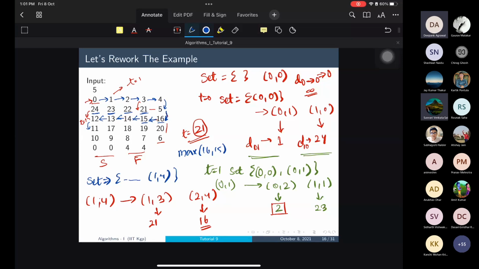Sir, at each time we will check for each visited node, right? For 0, 1, 2, 3, 4. Yes. Not again, because those are already visited. And the most important thing of Dijkstra is that once you have visited a node, it says that you have reached the optimal distance for that particular node.